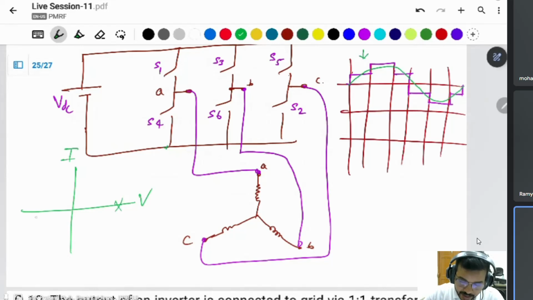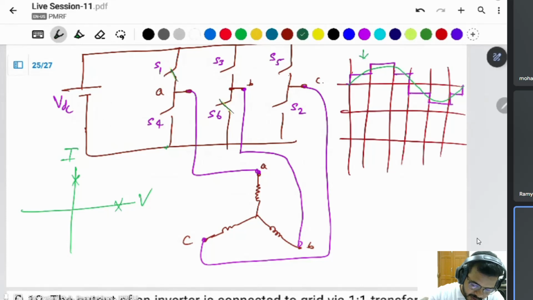Okay, the other side is not blocking. Why not blocking? I just explained. But there will be at least one current rating, and current will flow that side. It means the positive direction; the negative direction is required for flow of current. Let's assume first that this switch and this switch are turned on.